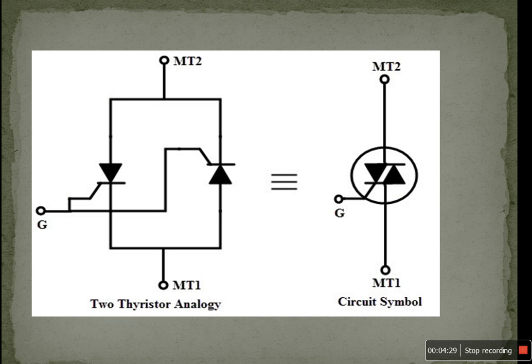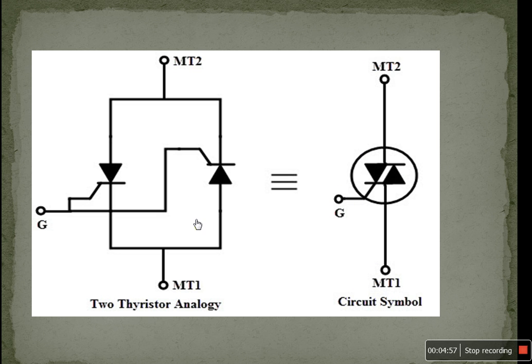This is the symbol of the triac. Here we have two SCRs connected in parallel, and we have the gate terminal. The three terminals of the triac are MT1, MT2 and the gate: main terminal 1, main terminal 2 and the gate terminal.